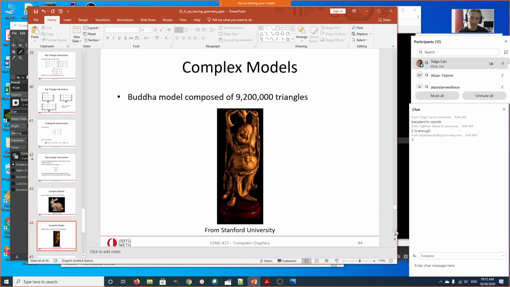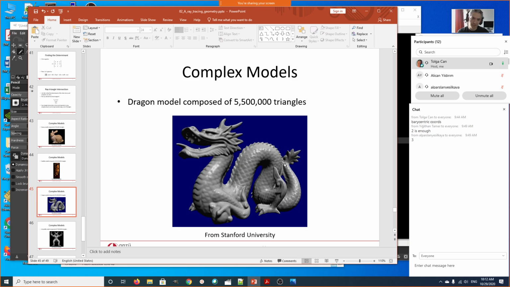There's no texture mapping here. As you can see, this is just a grayish, same property along the surface. A dragon model composed of 5.5 million triangles. We are going to intersect our rays with all of them if we don't subdivide the scene into different parts. Obviously, you see the need to optimize ray tracing. We need a data structure for our scene to speed up ray-triangle intersection tests.